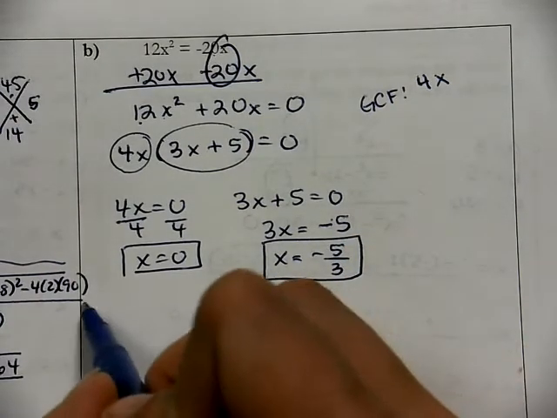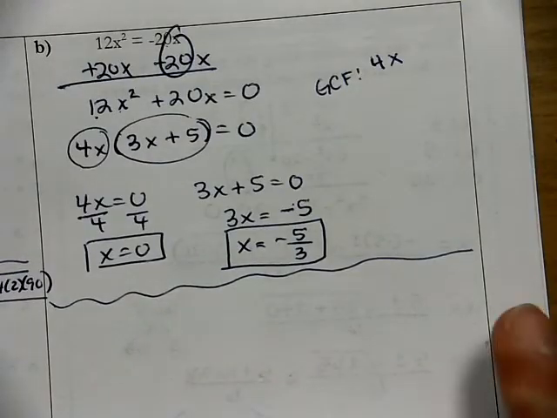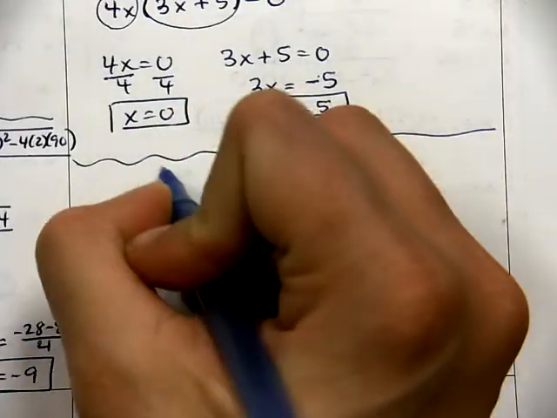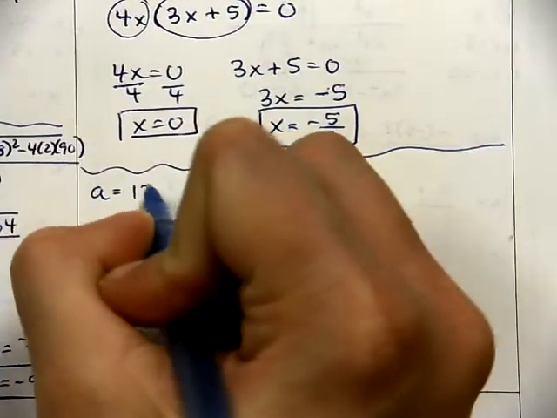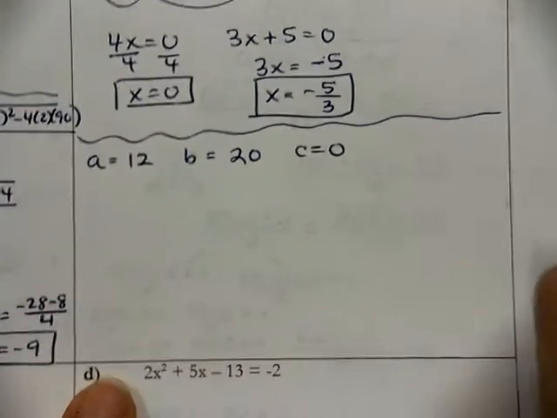Now, you did not have to solve this way. You could have used the quadratic formula, but it would take a little bit more work. Let's see what it looks like if I use the quadratic formula. Again, I had it already set up: 12x squared plus 20x equals 0. In this case, a would be equal to 12, b would be equal to 20, and c would be equal to 0.